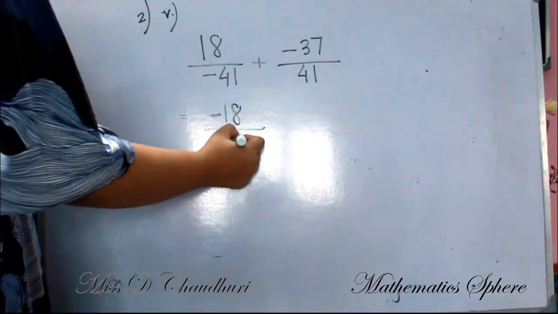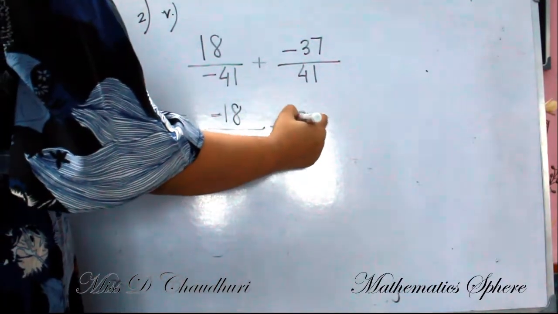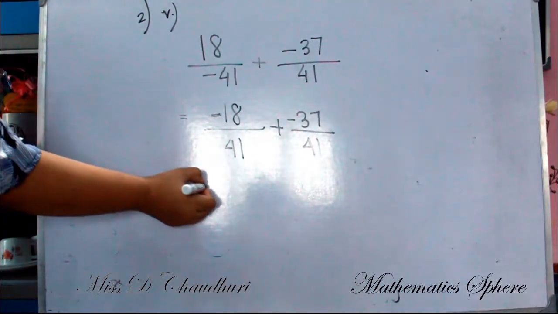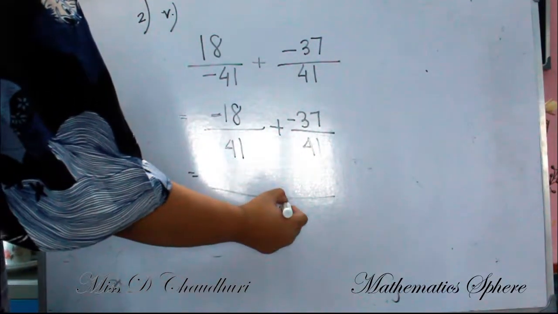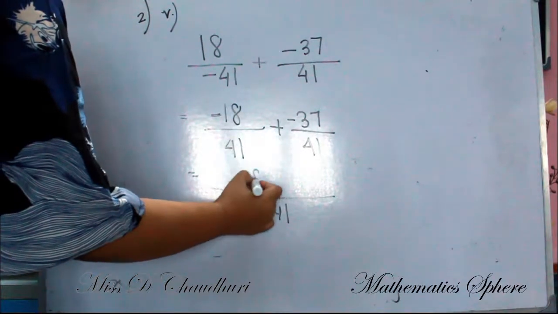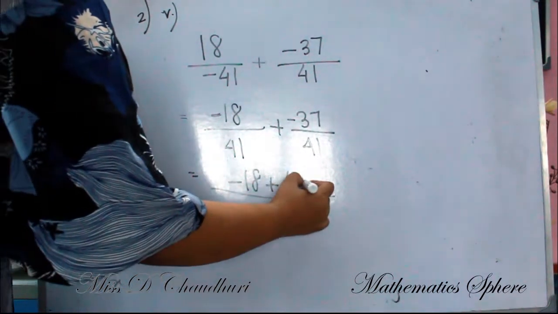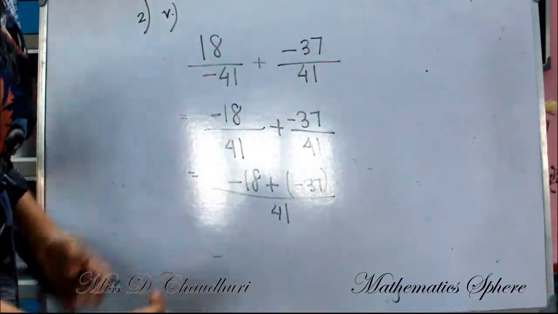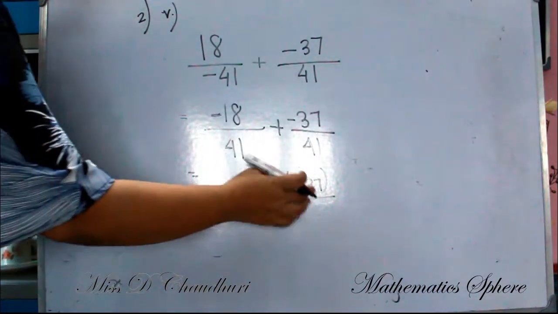So this will become minus 18 by 41 plus, this is already in the standard form, minus 37 by 41. So we see the 41 is already common, so we take 41 here. So this one will ultimately be minus 18 plus minus 37. Now you see they are in the same boat. This one is also negative, this one is also negative.